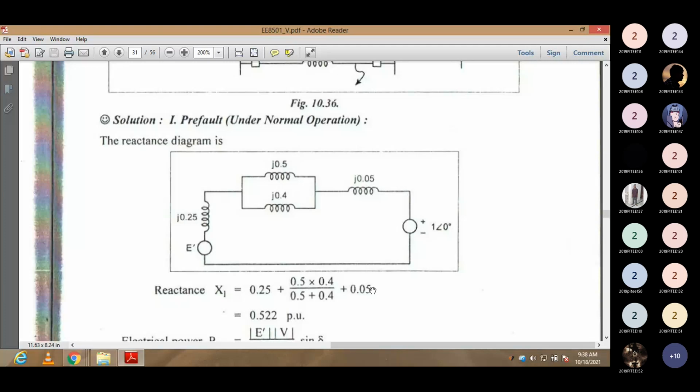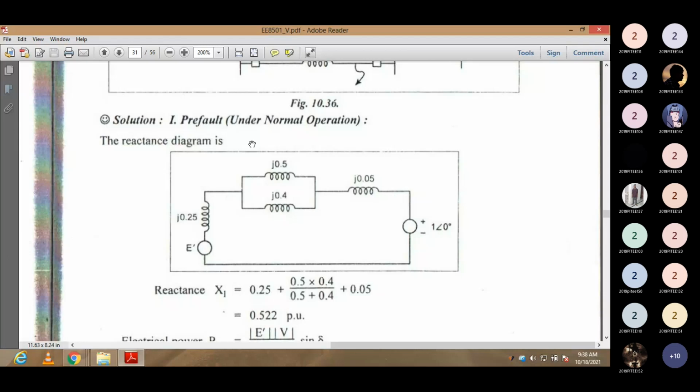Post-fault means the fault is cleared and the system is ready to work in normal condition. That is your post-fault, where the fault line is cleared or otherwise. I'll show it while explaining the post-fault operation.